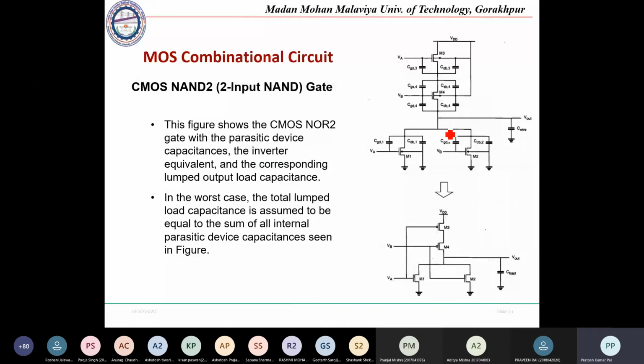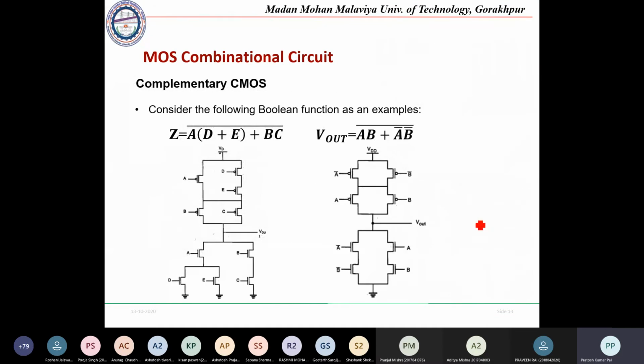Along with the wire, if there is a next stage, this next stage will also have some capacitance like Cg, which will also be included in the C load. So along with all the parasitic capacitances, the wire and the next stage capacitance, it will be the CL value that we have seen in the previous class.